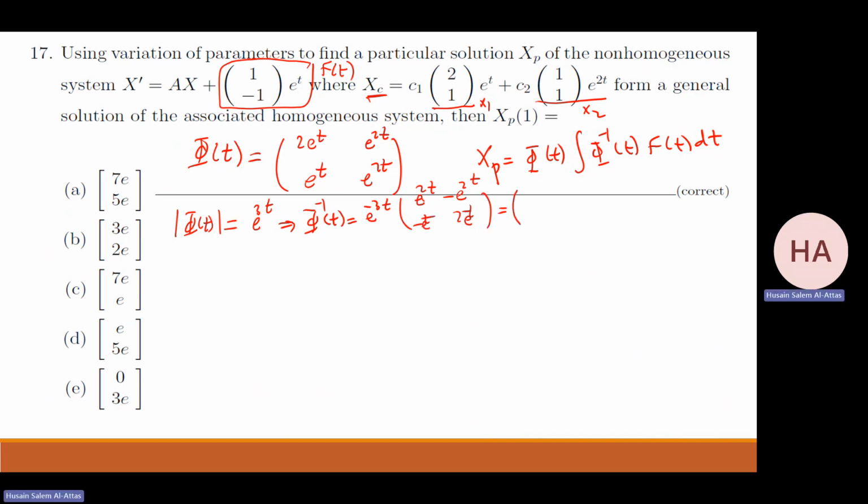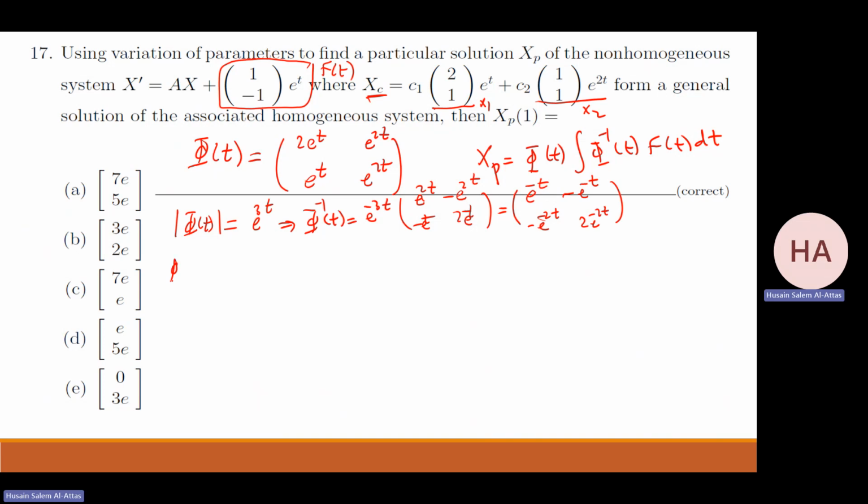Okay, let us see what will happen. I have e minus t, minus e minus t, minus e minus 2t. Okay, 2e minus 2t.